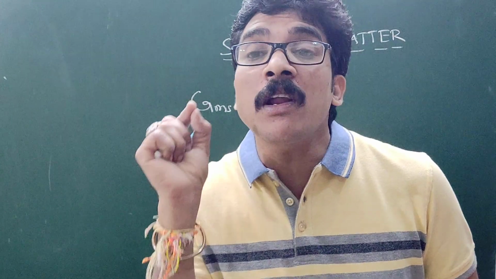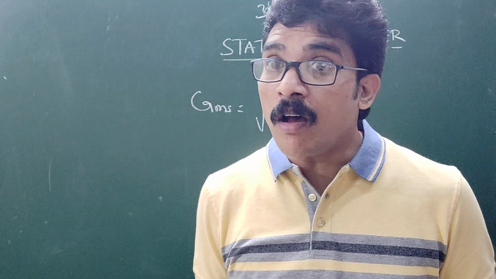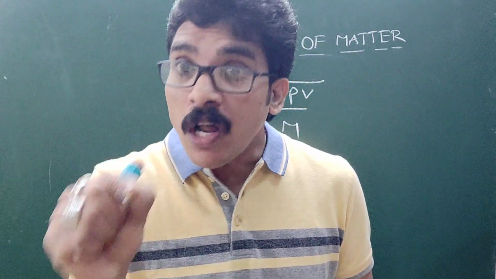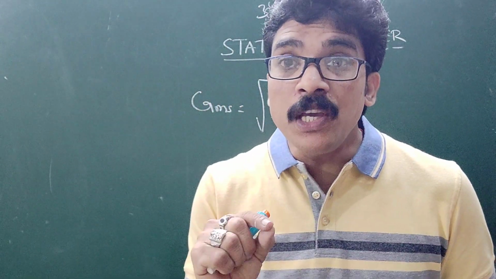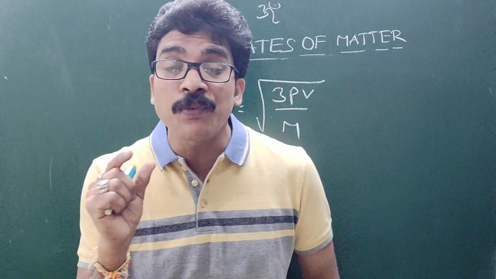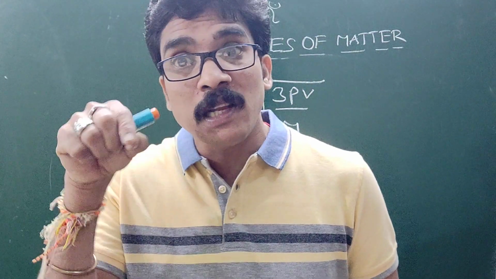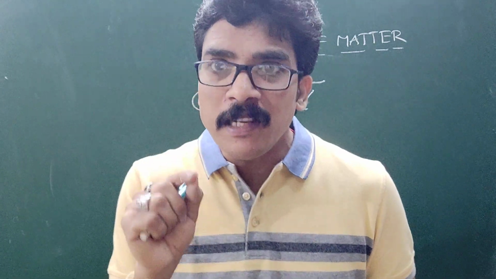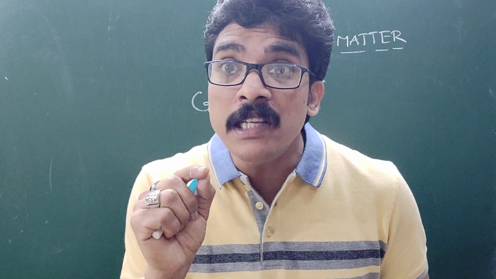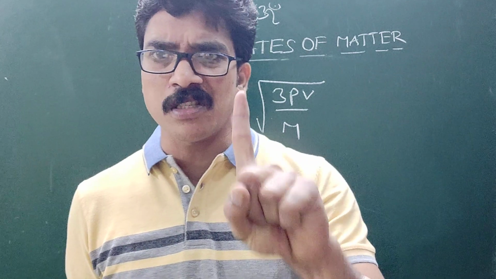PV is equal to 1/3 mnc square. In that formula, small m means the mass of each gas molecule, and small n is the number of gas molecules, but not moles. Majority members think small n means number of moles. That is wrong. In PV equals 1/3 mnc square, small n means number of molecules, and small m is the mass of just one molecule.